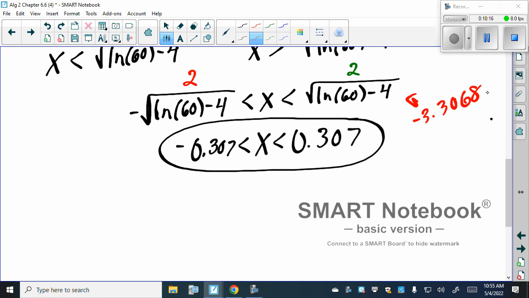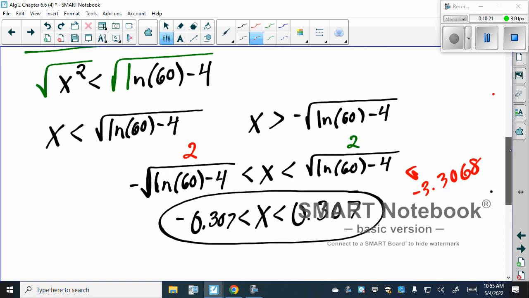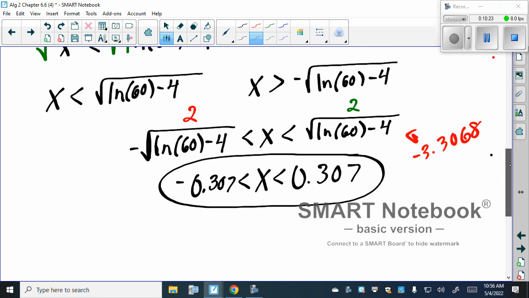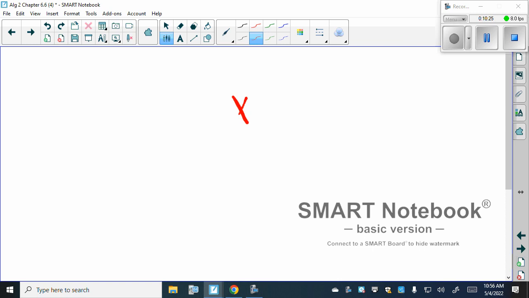Does that make sense? Essentially, this number, or what we were saying before we squared it, is that x squared is less than negative 3.306. Whenever we square a number, it's always positive. So there's no way I can square a number and get less than a negative. So this just doesn't work out right.